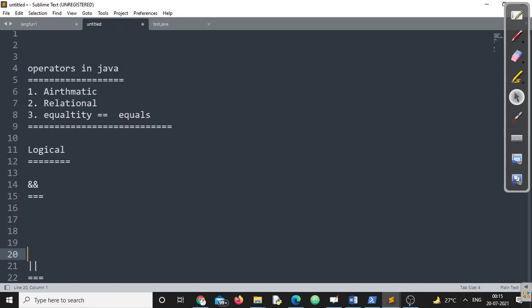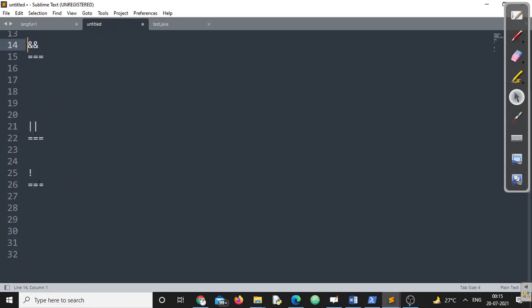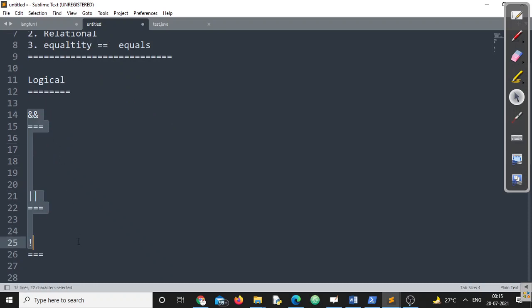Now let us understand how these operators are operated. In logical operators we have three different operators: one is logical AND, one is logical OR, and one is NOT or the negation operator, right? Logical AND and logical OR are both binary logical operators. Why are they binary? Because these two operators require two operands for their operation, right?